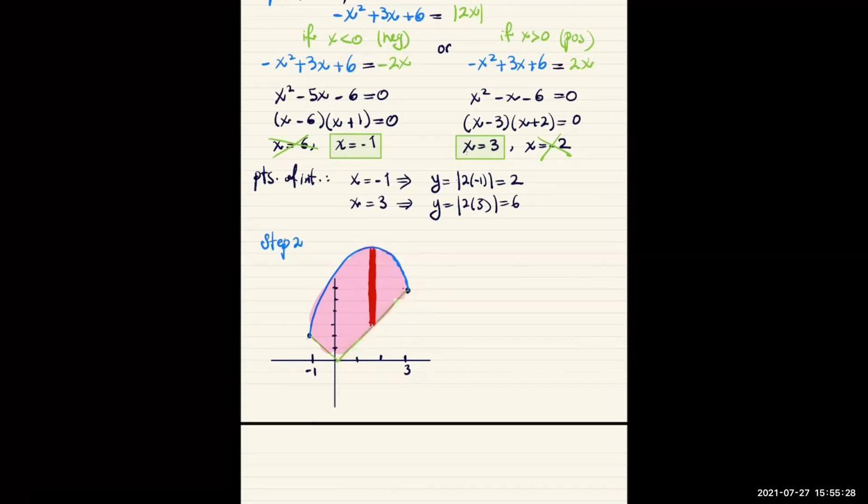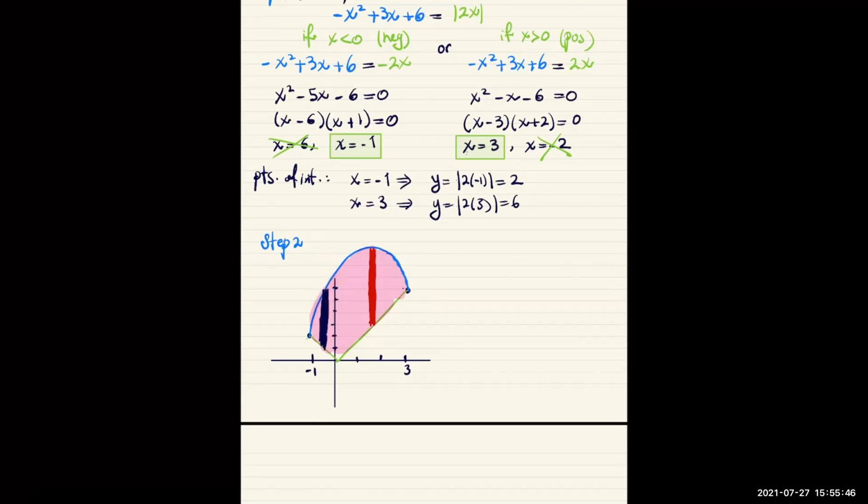Whereas if I draw another strip, let's say right there, the top function is the parabola.